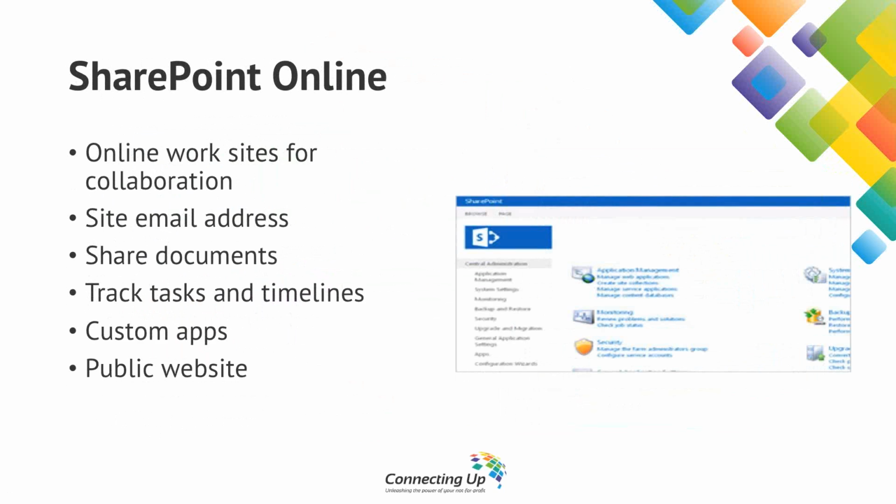But one of the great things about SharePoint Online is that you can set up separate SharePoint sites for different projects, which makes it really good for project management. Each project that you set up can have a site mailbox that the whole team can access. You can have a separate OneDrive area for files for just that project, so everybody involved with that project has access to those. And you can also set up tasks and timelines.